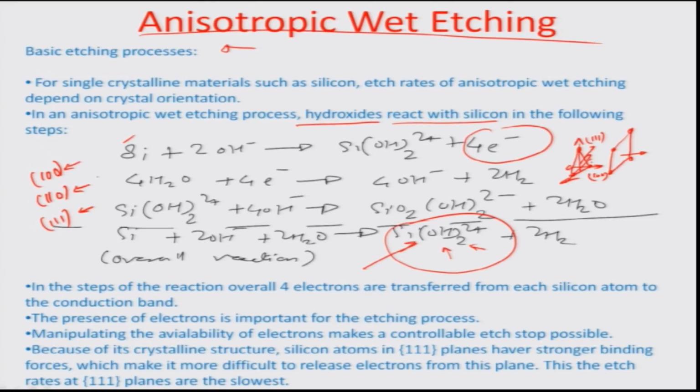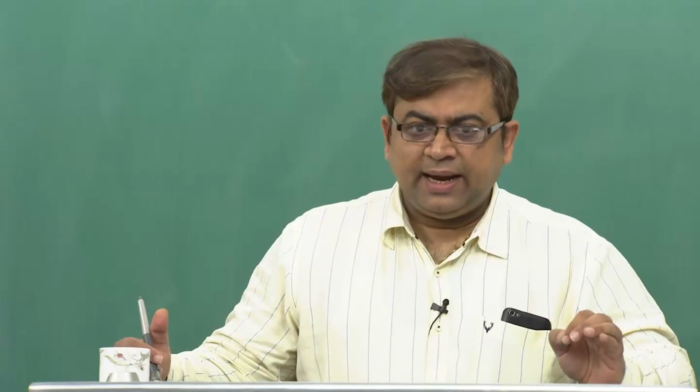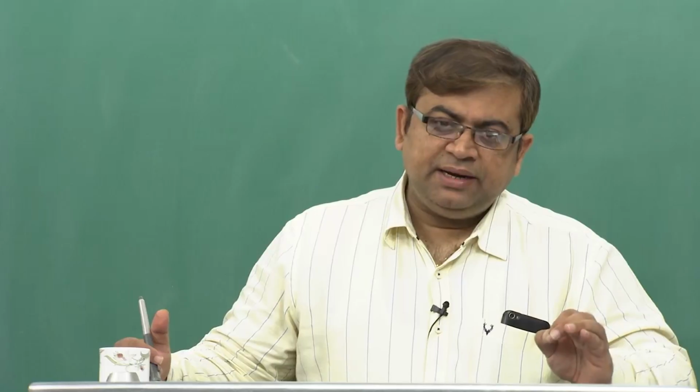So it so happens that the number of atoms in the neighborhood of the etched portion is very critical to determine what is the bindability of the electrons to the silicon atom.